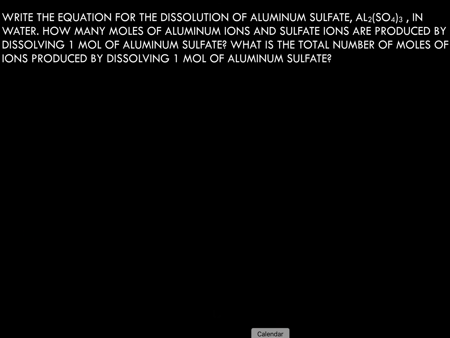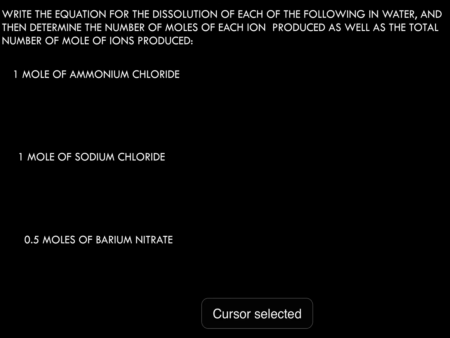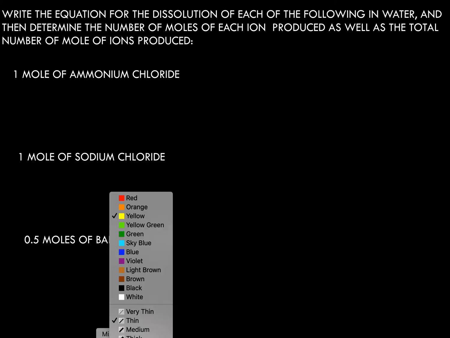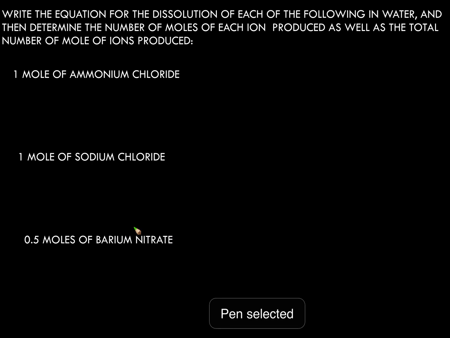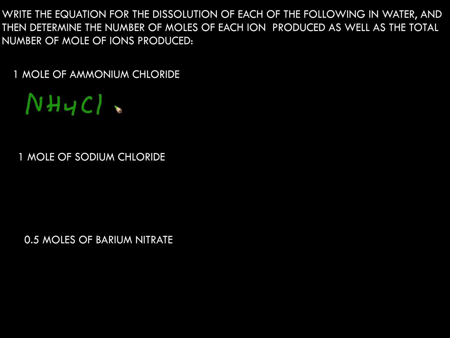And one more example here to finish off this first video. It says, write the equation for the dissolution of each of the following in water, and then determine the number of moles of each ion produced, as well as the total number of moles of ions produced. So I have ammonium chloride, NH4Cl, remember that's a solid, and I have 1 mole.